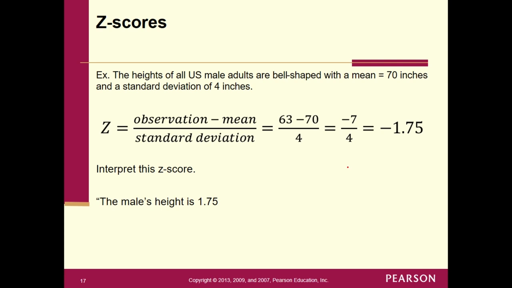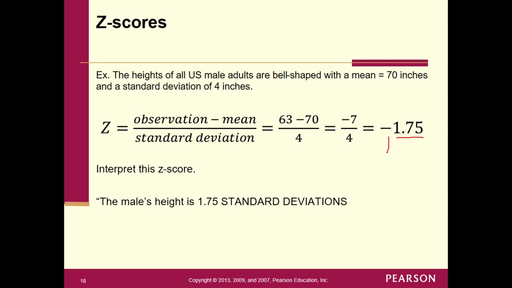It's now a z-score, and remember the definition is about the number of standard deviations away. So we've taken it out of inches and put it in terms of standard deviations. So the male's height is 1.75 standard deviations. That's what the number's telling us.